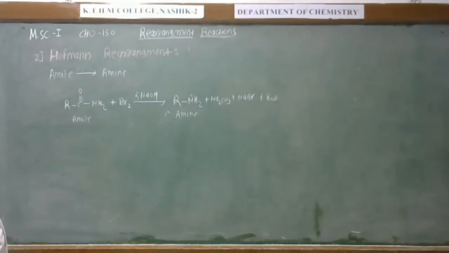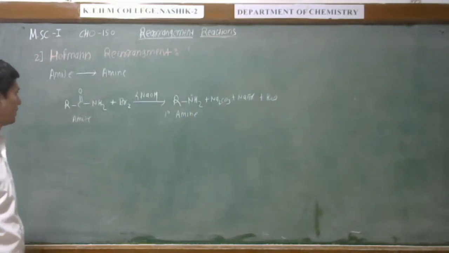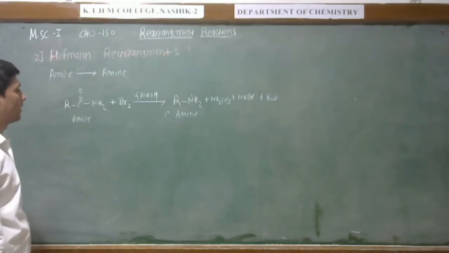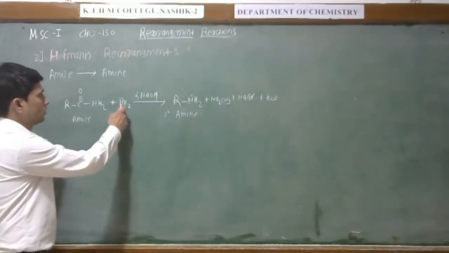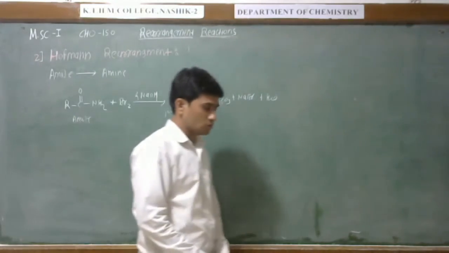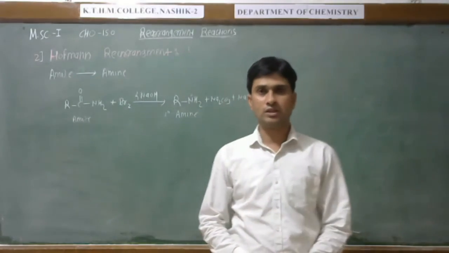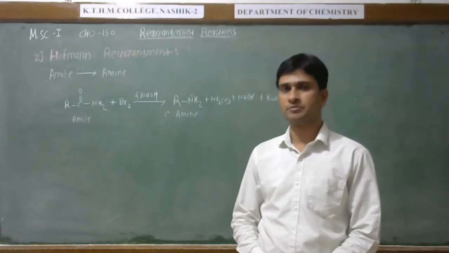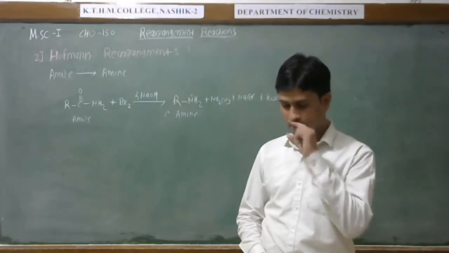If we observe this conversion of amide to amine, bromine and sodium hydroxide are used, which give us hypobromous acid firstly. What is hypobromous acid?